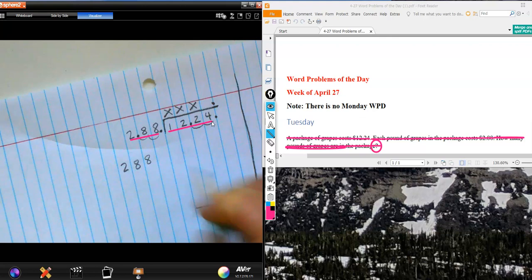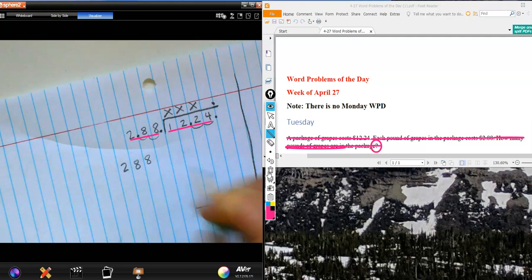Let's try 288 times 3. 8 times 3 is 24. 8 times 3 is 24. Plus 2 is 26. 2 times 3 is 6. Plus 2, 864. Too big.